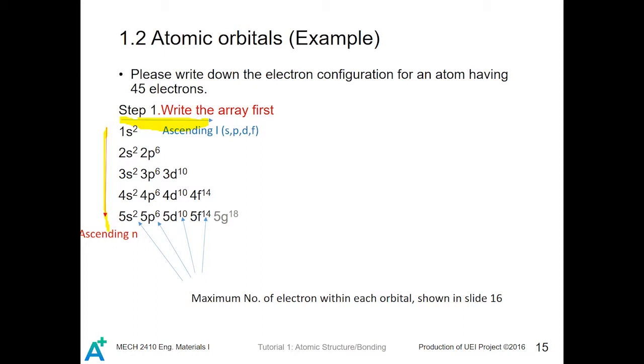And you still remember the maximum numbers: 2, 6, 10 stand for the maximum electron numbers which can be contained in these particular orbitals. And basically we just write it all out, and it will look like a triangular shape.